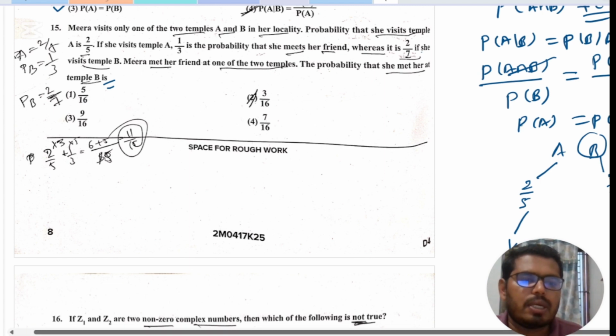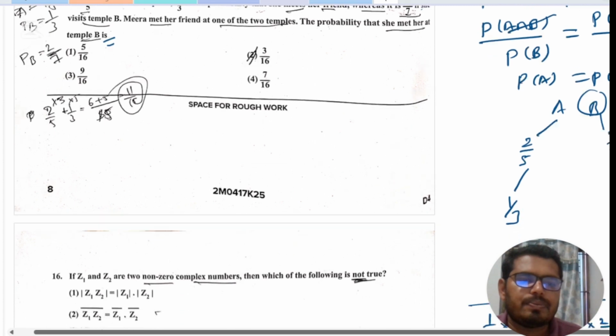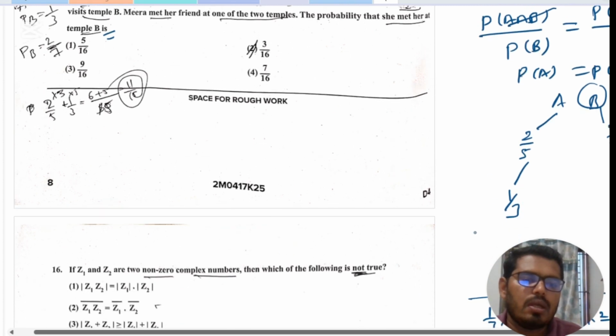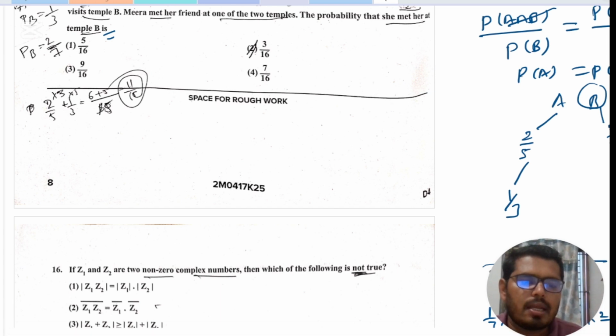Okay, no problem. Then you can find the total probability, that is 2 by 5 into 1 by 3 plus 2 by 7 into 3 by 5. Then they asked you probability of B, that is 3 by 5 into 2 by 7.